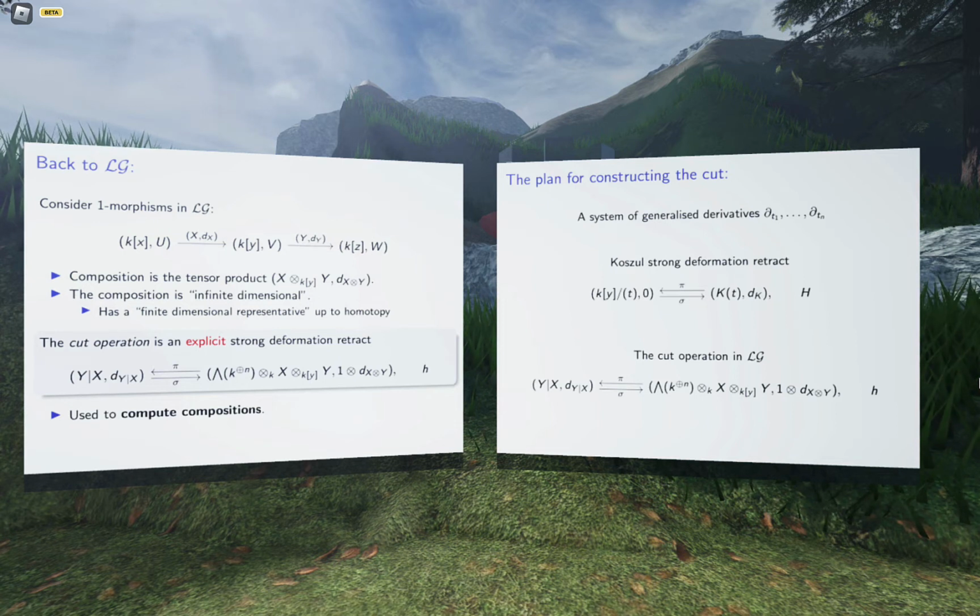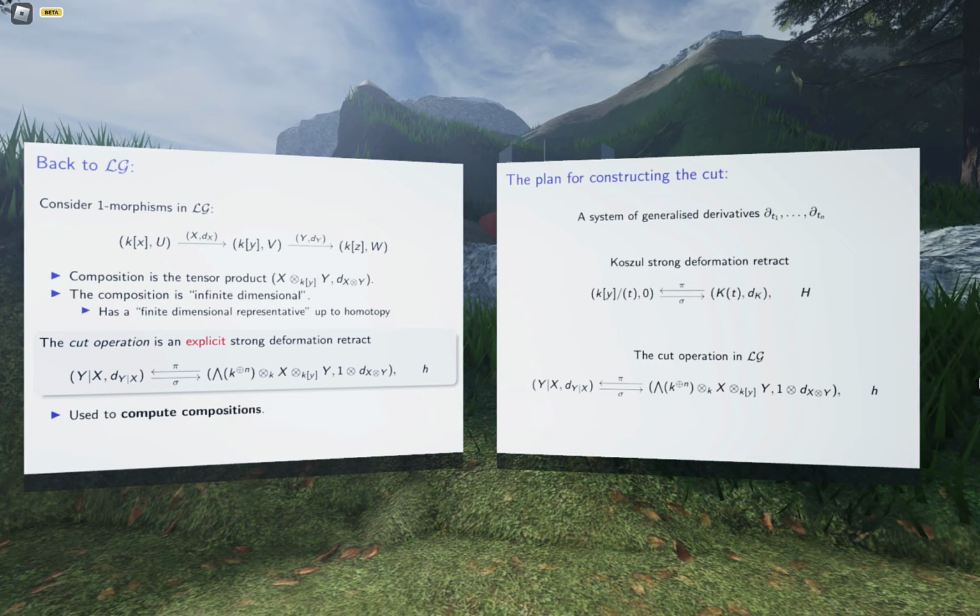On the right, we have an exterior algebra tensored over K with the composition of X and Y. And if we think about properties from commutative algebra, it's not too hard to see that this thing is really just a bunch of copies of the composition of X and Y direct summed together, right? So this strong deformation retract relates a whole bunch of copies of the composition of X and Y to something which is in some sense finite, right?